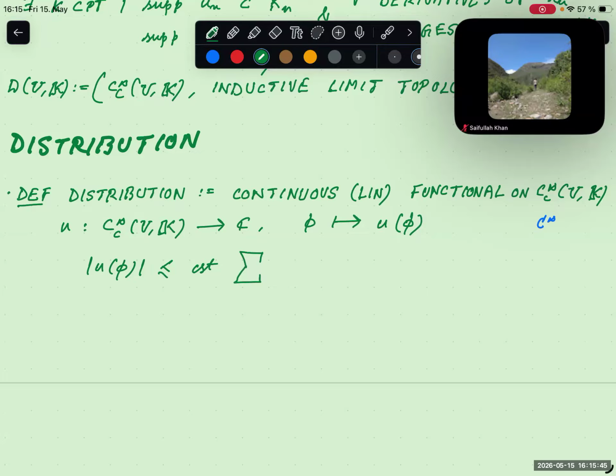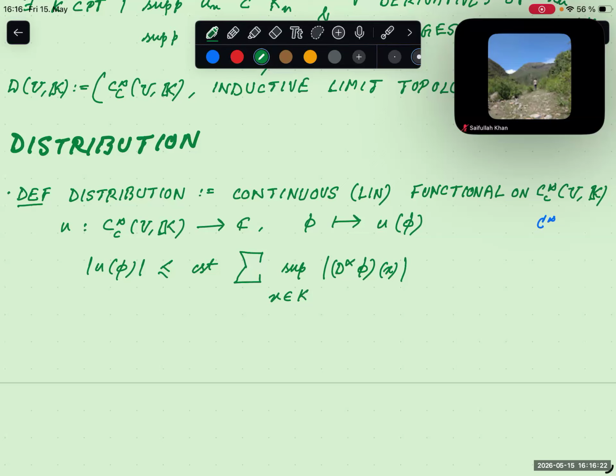Sum over. Since it's continuity, I think you expect something with differentiability, right? Because that's how continuity comes. And now you say, where this depends on x. So we play the old game. You take supremum. Maybe I should write it. So sup of d^alpha phi(x), k as before.